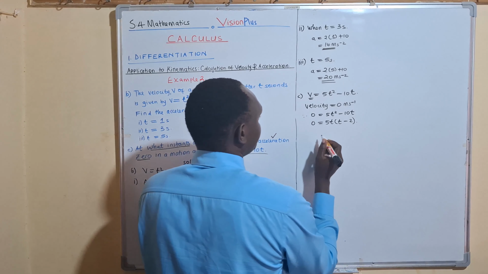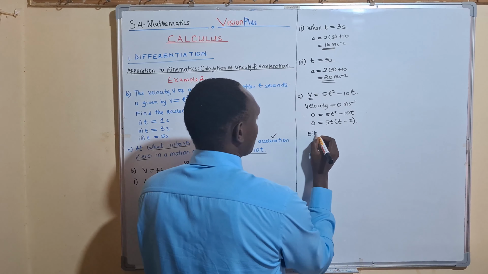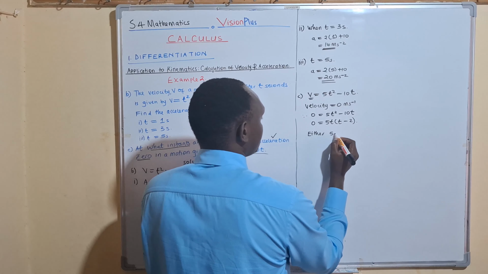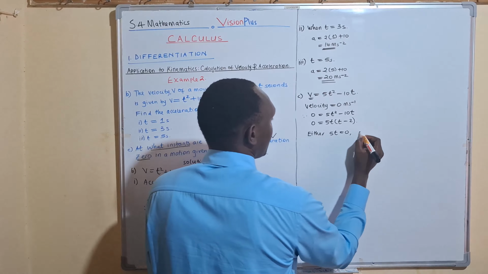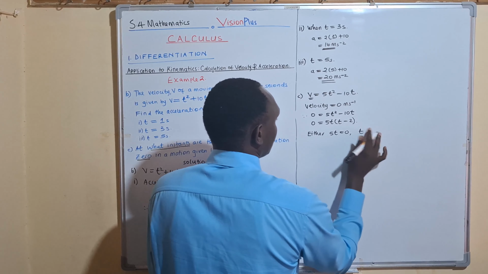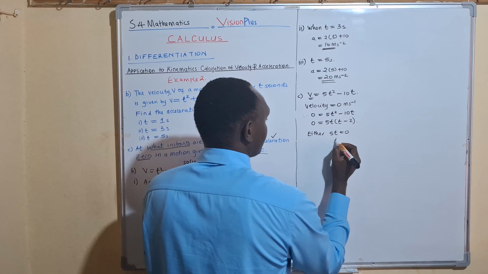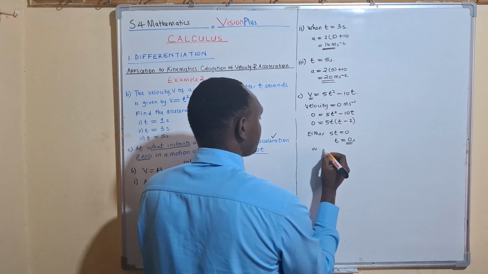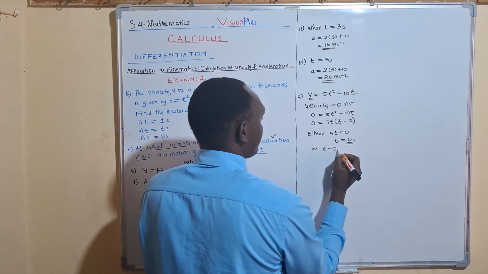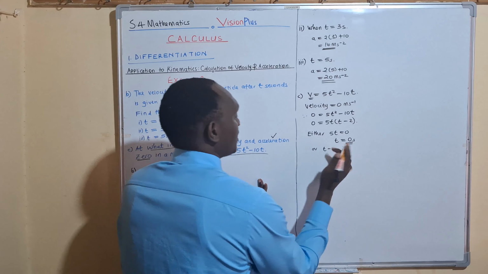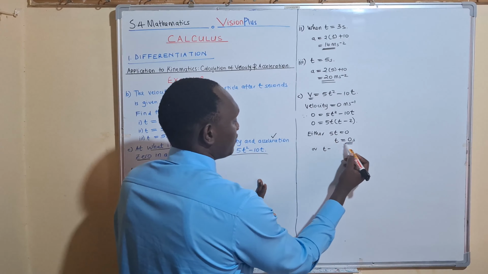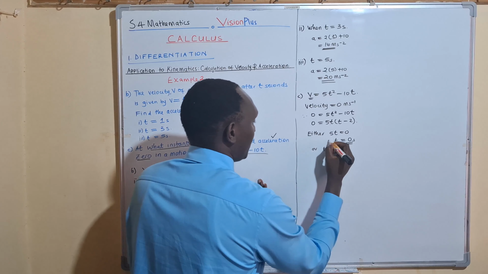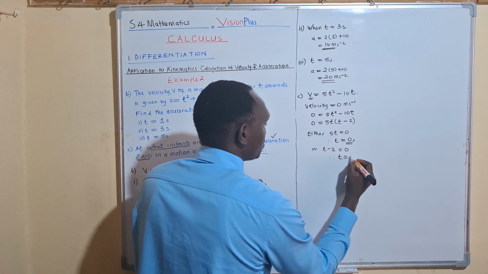Now, this is a quadratic equation, so there are two roots. Either 5t equals 0, and therefore t equals 0 seconds, or t minus 2 is 0, and in this case our t is 2 seconds.